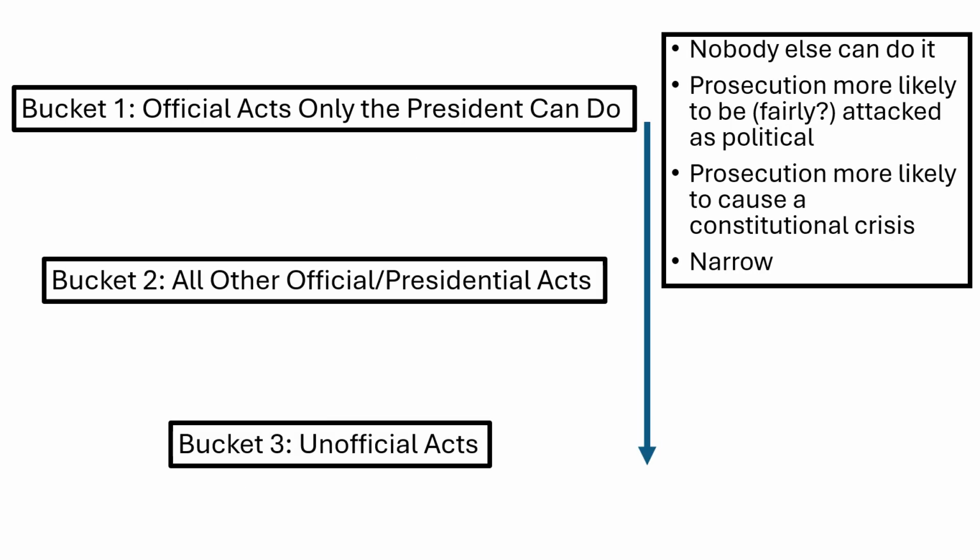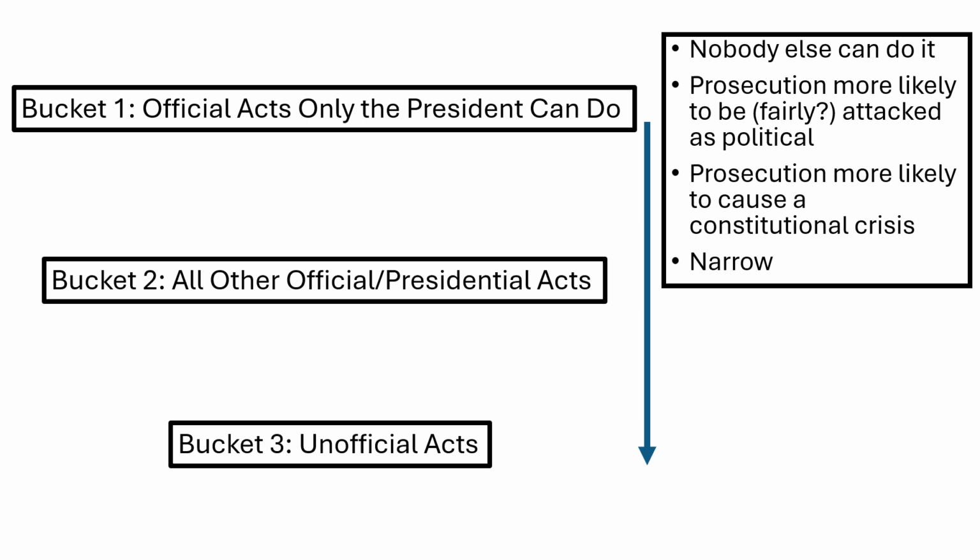But I'm going to explain why I think this rule makes sense, why these three buckets do. I don't know if it's what I would have come up with, but it's workable. And here's why. You kind of have this sliding scale from bucket one to bucket three. Bucket one is stuff that nobody else can do. So if we interfere with the president being able to do it, that causes problems, because if we don't let the president do something, nobody else can do it.